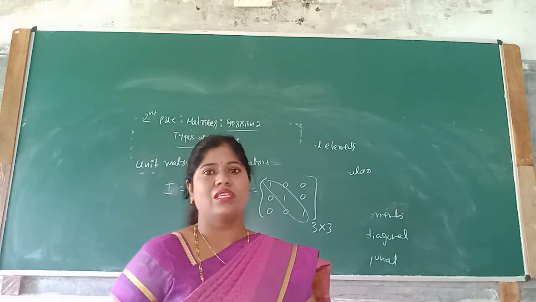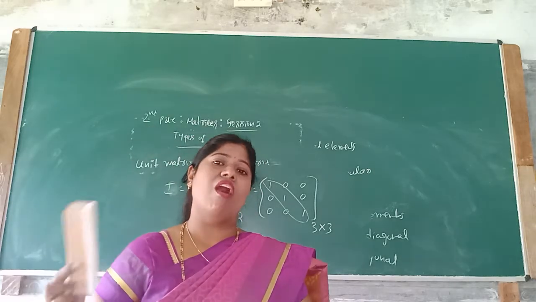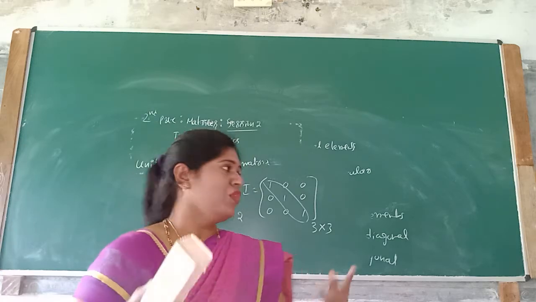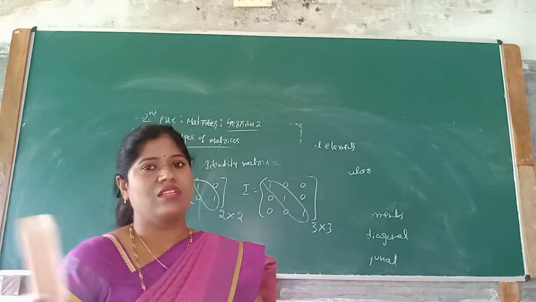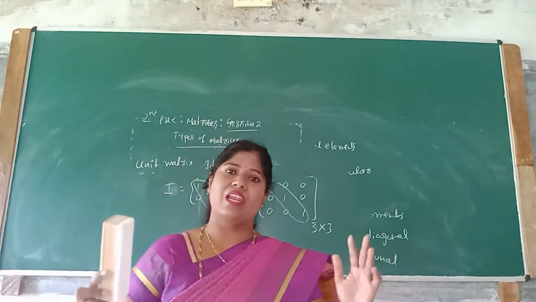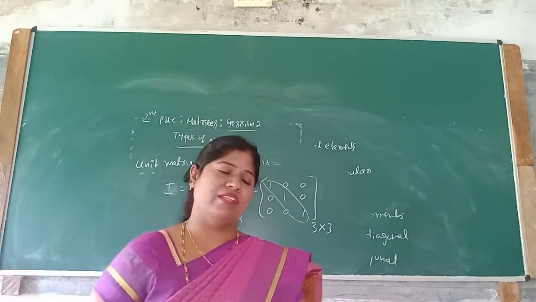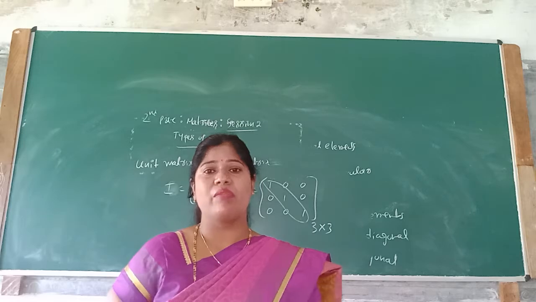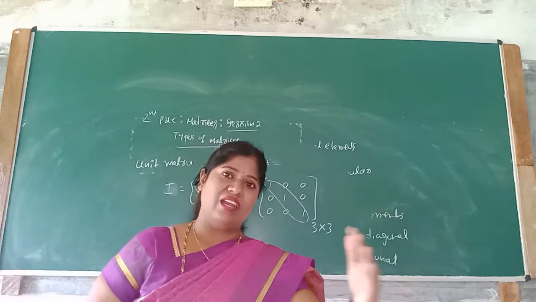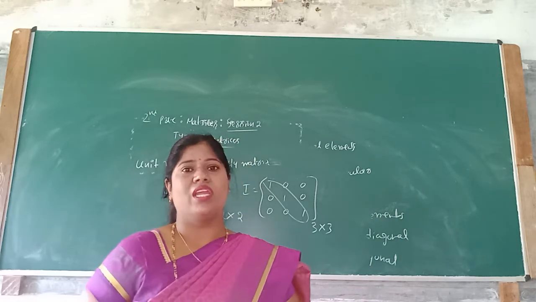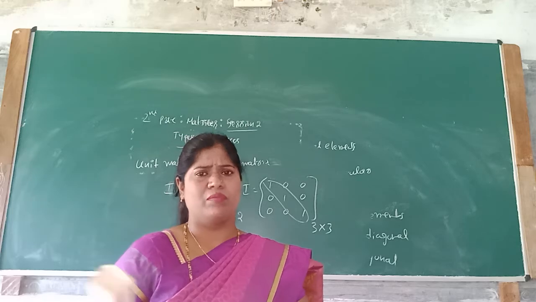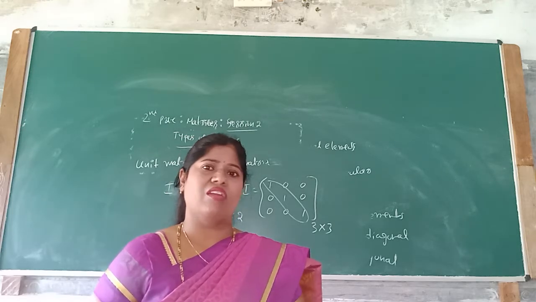Okay, a diagonal matrix is a square matrix in which all its non-diagonal elements are zeros. The non-diagonal elements are zeros, then only it is called a diagonal matrix. Whereas in a scalar matrix, the diagonal elements are the same. It may be any number, real or complex.